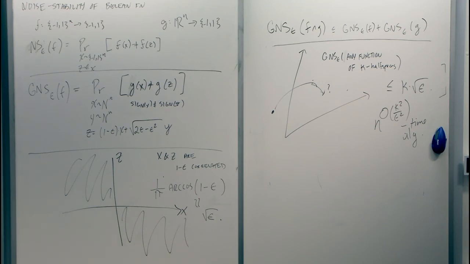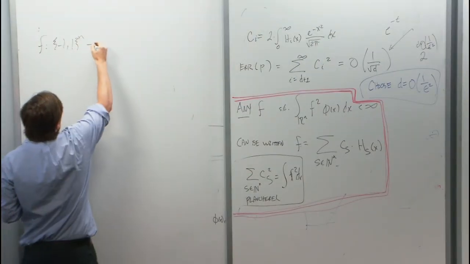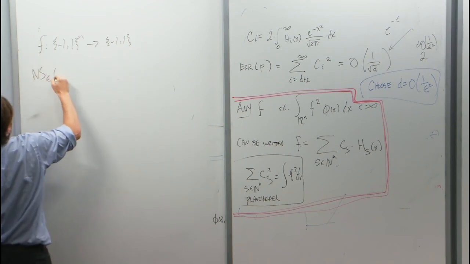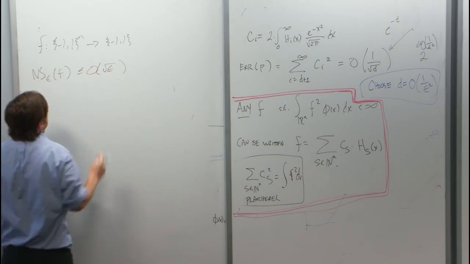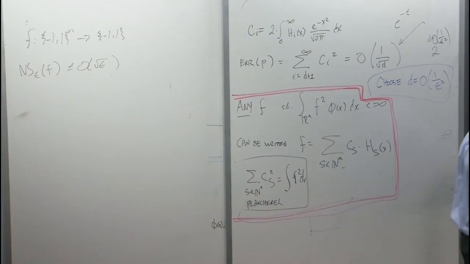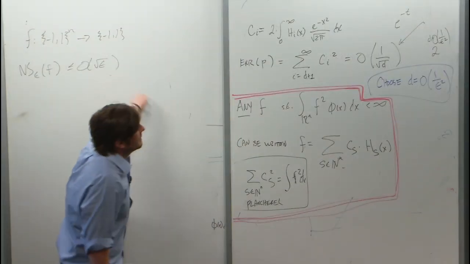But I wanted to move back to the Boolean domain and prove to you that the Boolean noise stability of f is at most square root of epsilon. I sort of just said it's classical in the Gaussian case, but for the Boolean case, it's more delicate.